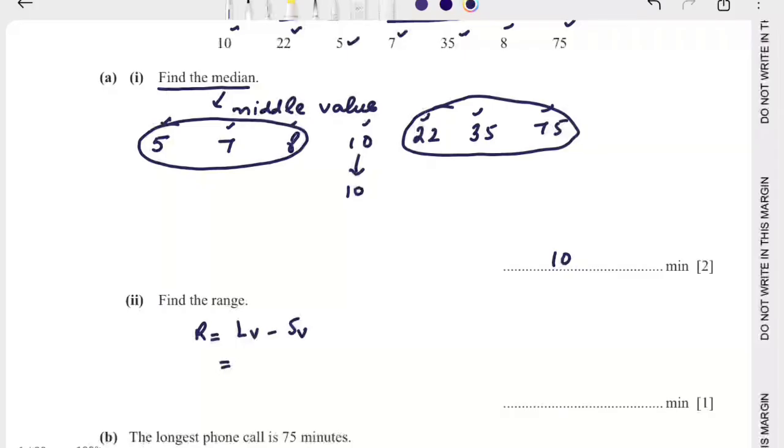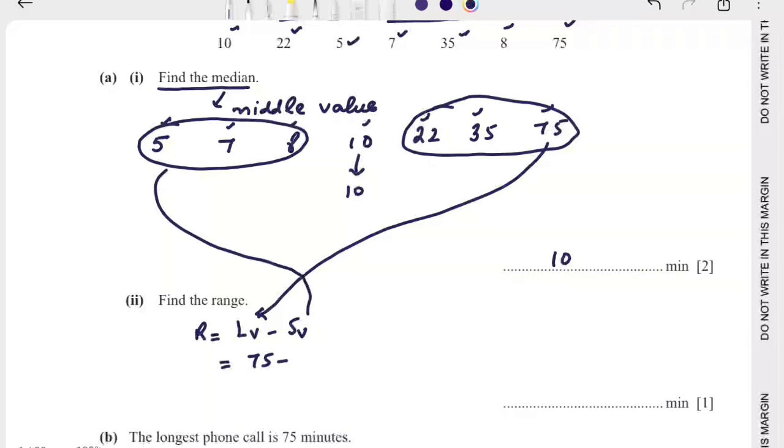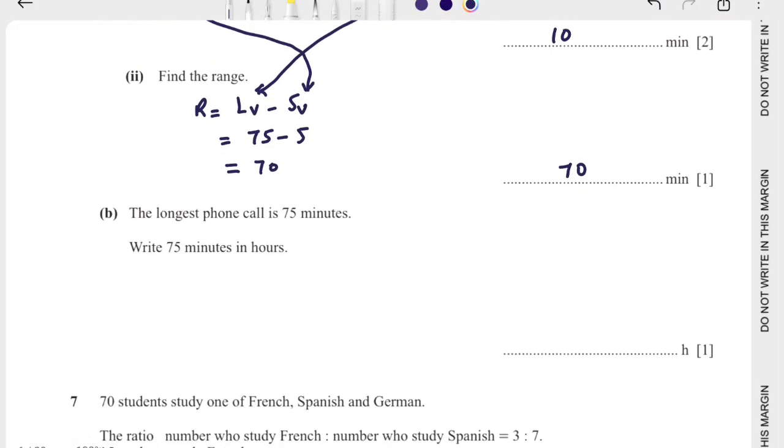So the largest value in the data is 75 and the smallest value is 5. So it would be 70. 70 would be your answer.